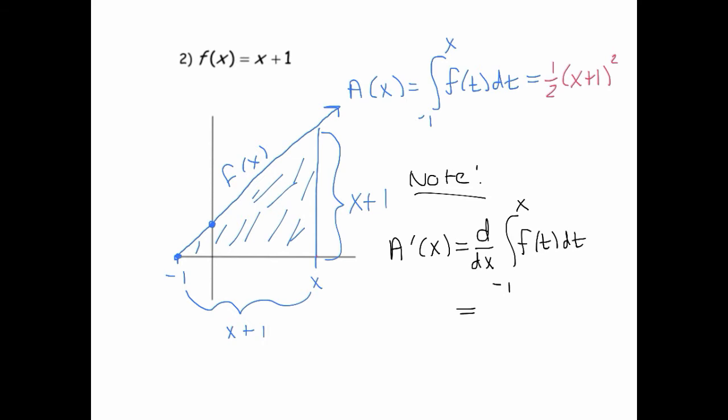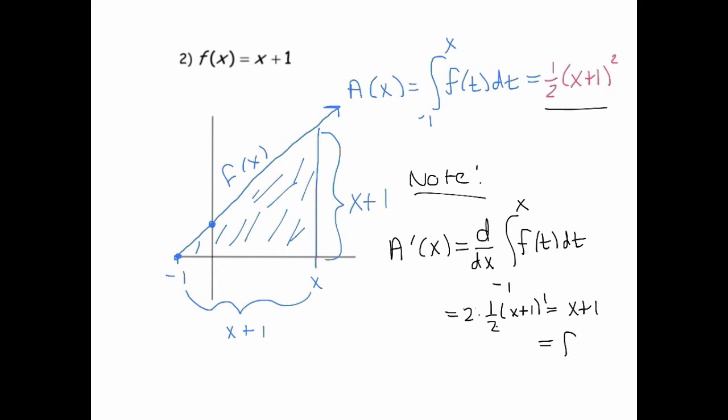So its derivative is going to be the derivative of this guy, and by the chain rule, that's just 1/2, oh sorry, it's 2 times 1/2, right? Bring the exponent down. 2 times 1/2 x plus 1, which is just x plus 1.